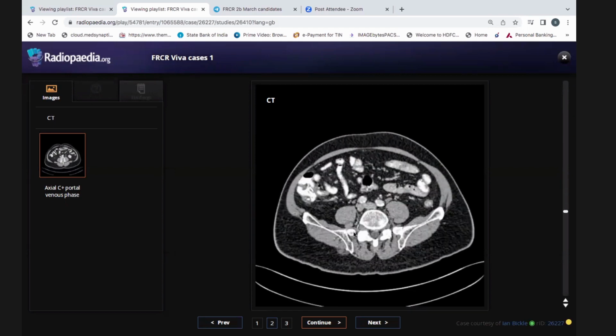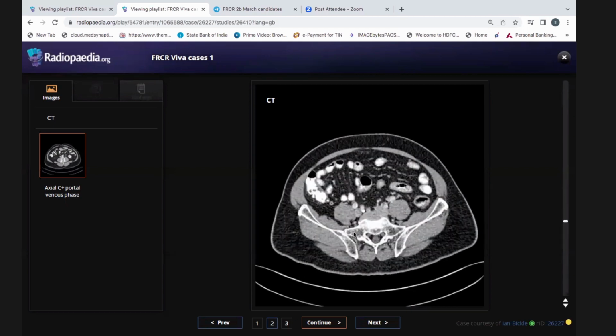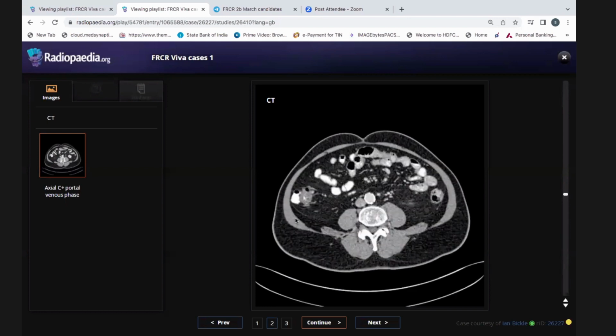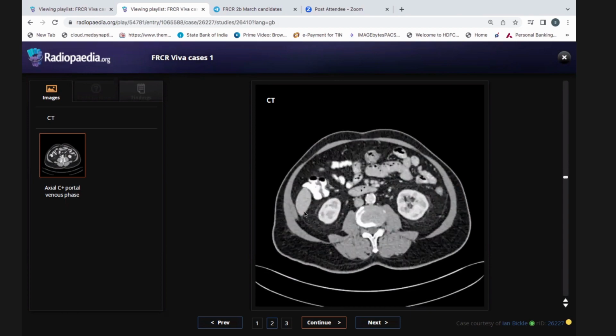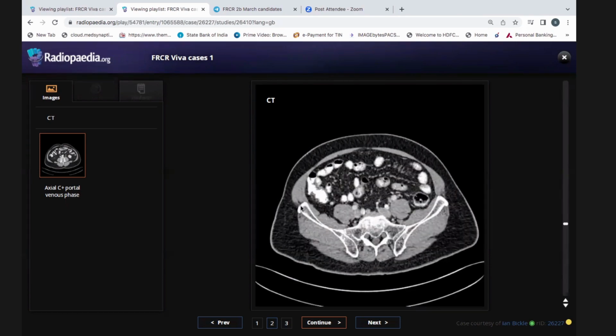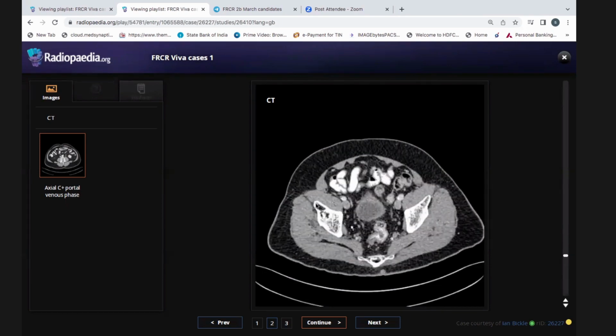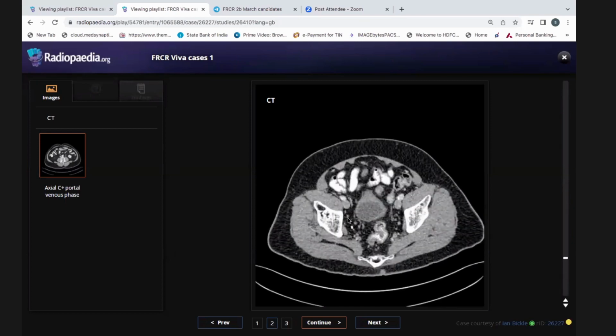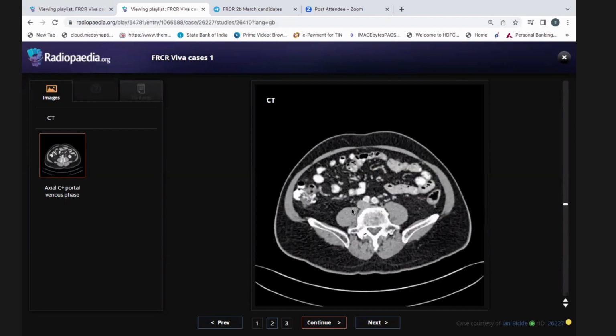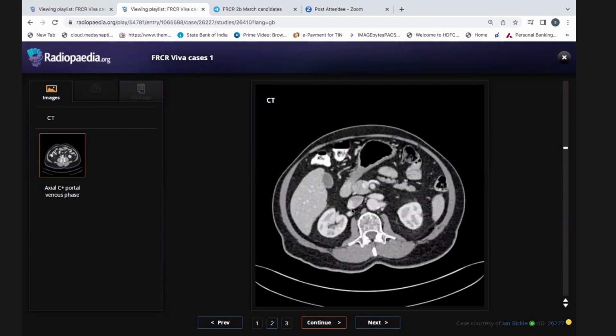No thrombosis. I'm worried if there is concentric thickening of the ascending colon. Ignore that, that is because of the collapse. So in this presentation, I don't find any associated lesion.